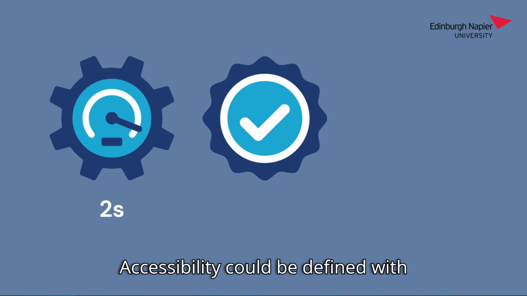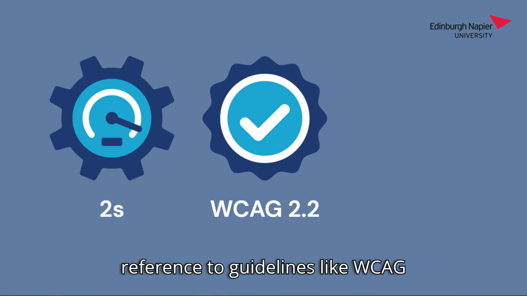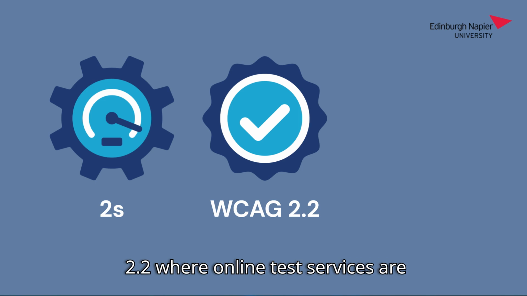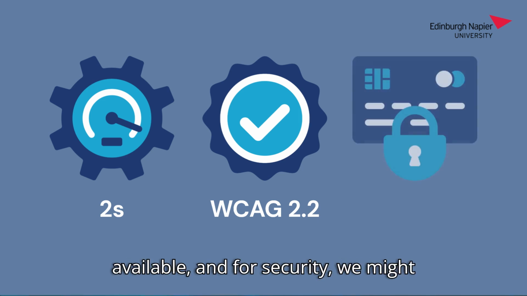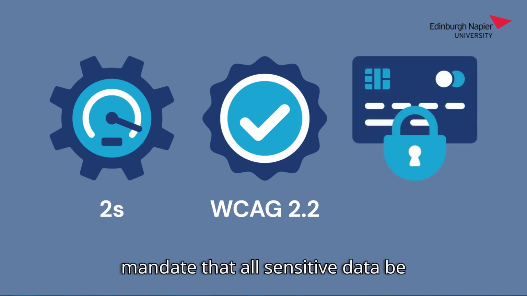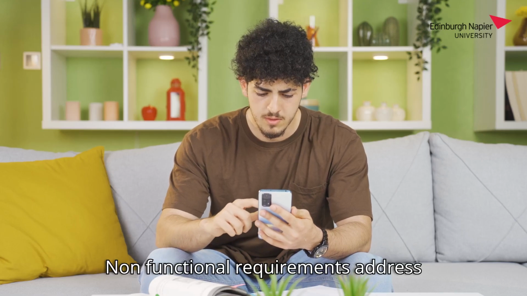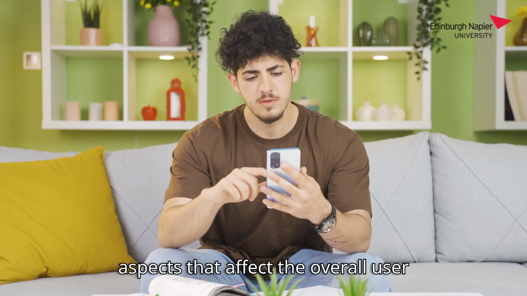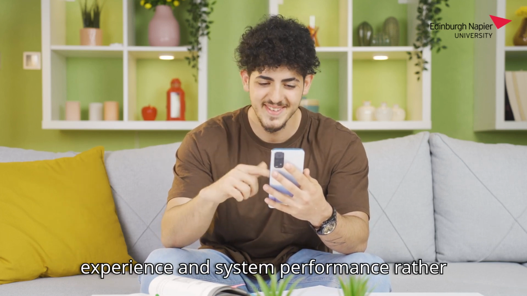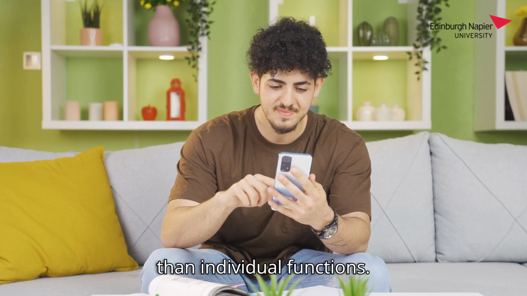Accessibility could be defined with reference to guidelines like WCAG 2.2, where online test services are available, and for security we might mandate that all sensitive data be encrypted both in transit and at rest. Non-functional requirements address aspects that affect the overall user experience and system performance rather than individual functions.